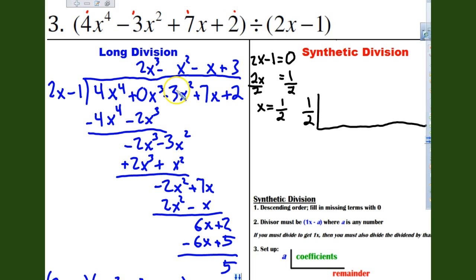All right, 4, -3, 7, and 2? No. 4, 0, -3, 7, and 2. So same as long division. Don't forget, if you're missing a variable, use a 0. So some rules are the same as long division. There we go. Okay, so that's just the setup.